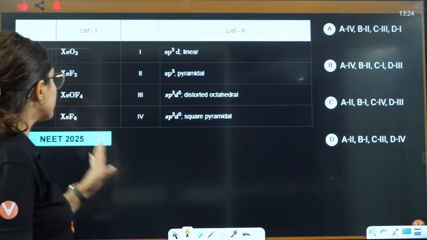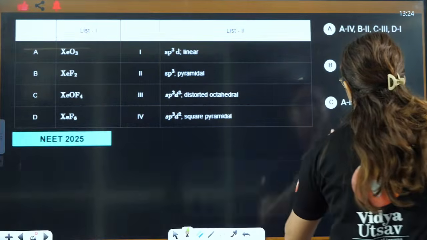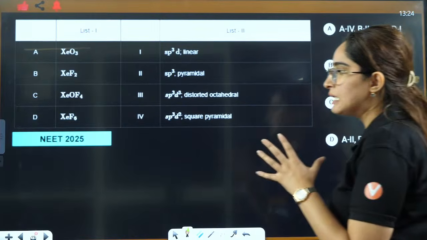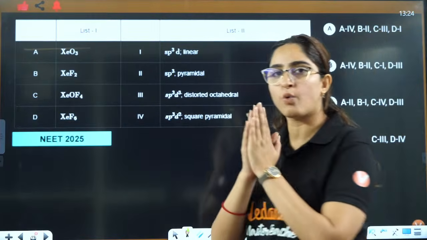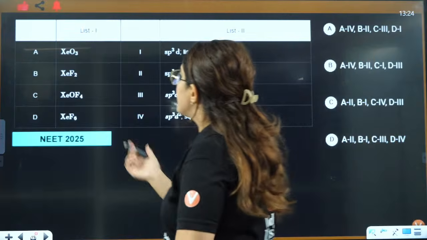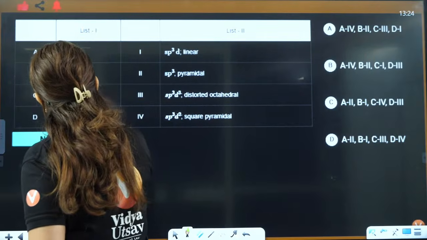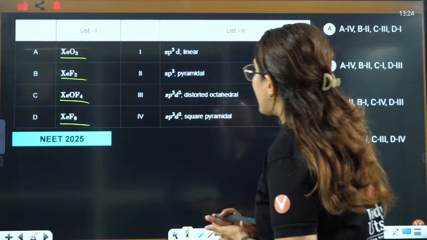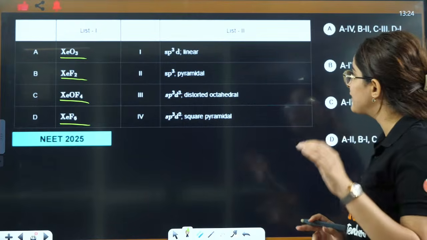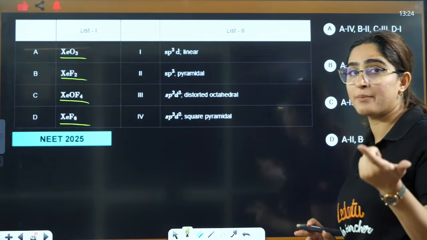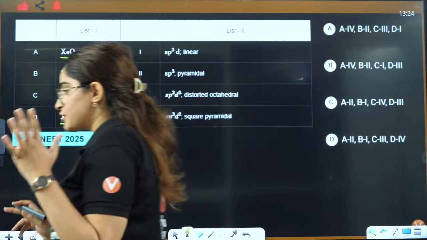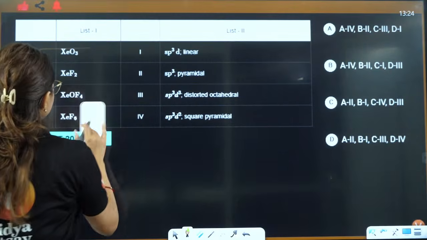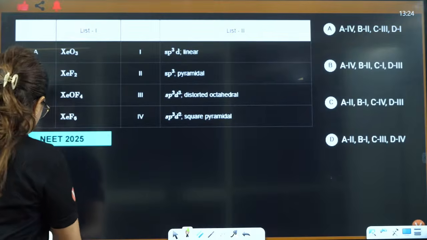Right, now let's talk about the next question, that is a NEET 2025 question. Usually these are the kind of questions they ask you in the exams. So 4 xenon compounds are given to you and they are asking you the geometry, shape, and hybridization of all of them. So one by one I'll solve it.